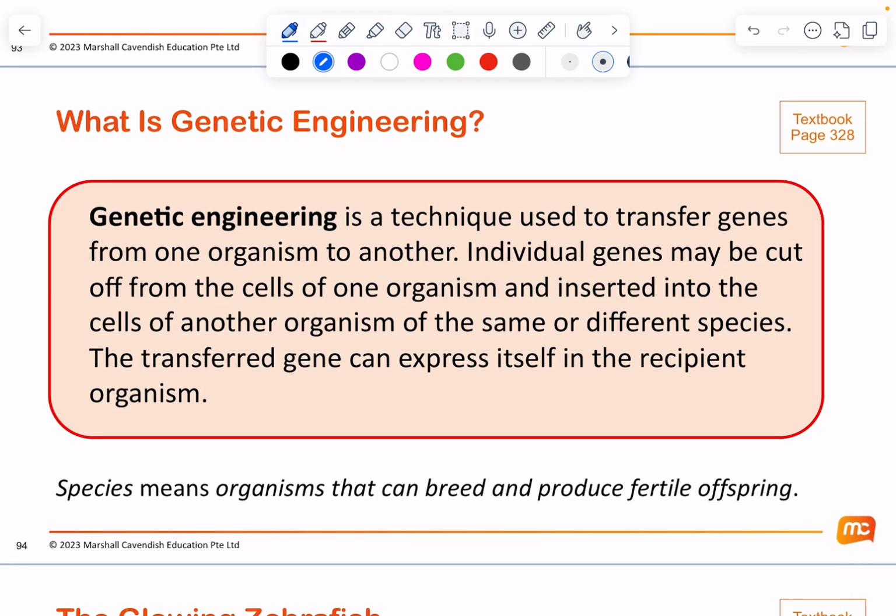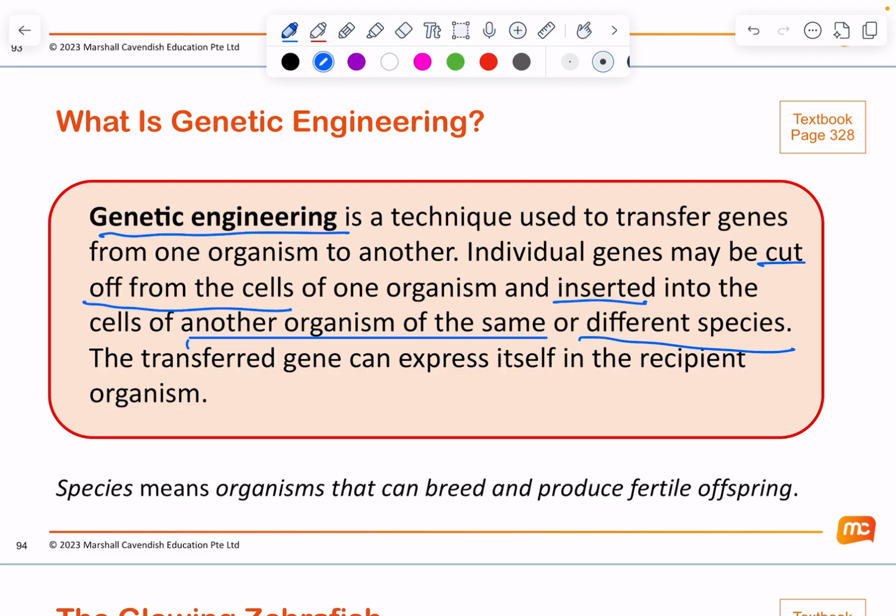Genetic engineering is a process which allows you to transfer genes from one organism to another. Individual genes are first cut out from the original cells of one organism and then inserted into the other organism. The key thing here is that it can be of the same or even different species. For apple, for example, it can be from the same species, meaning the same type of apple tree.